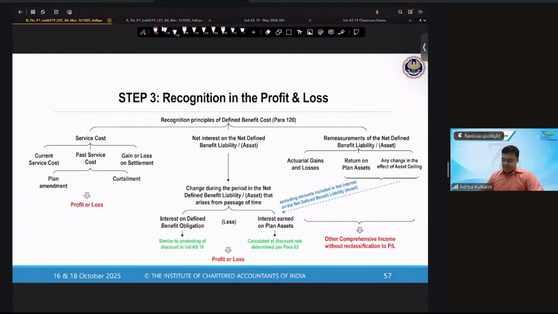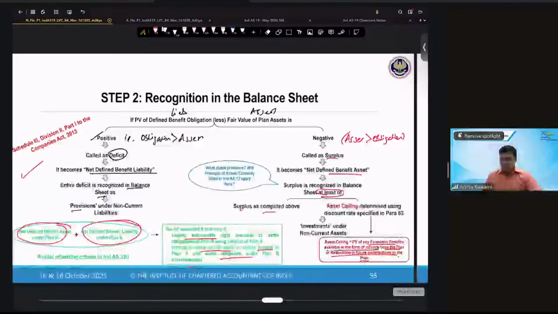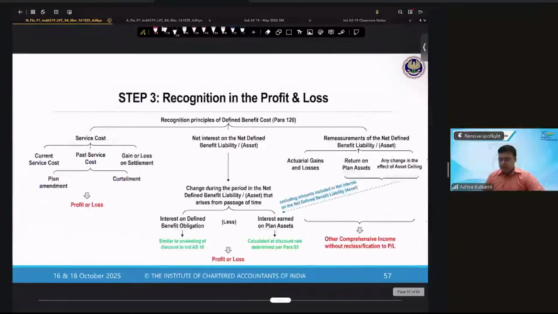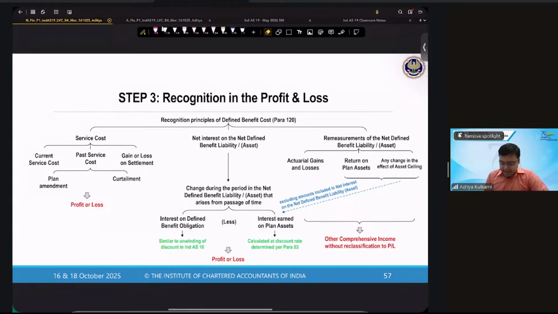All right. So now, step one, what we saw was recognizing the ultimate cost of benefit. Step 2, we saw recognition in the balance sheet. Step 3, what do I recognize in the P&L? In the P&L, I recognize service cost. You all agree to this?